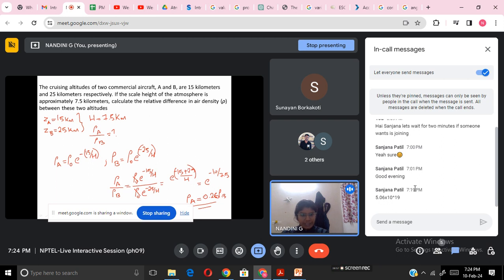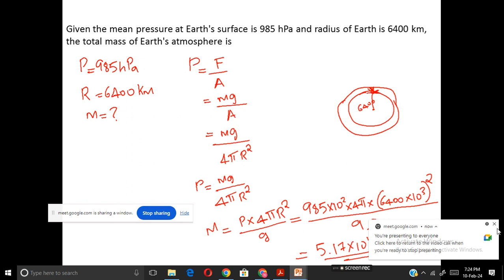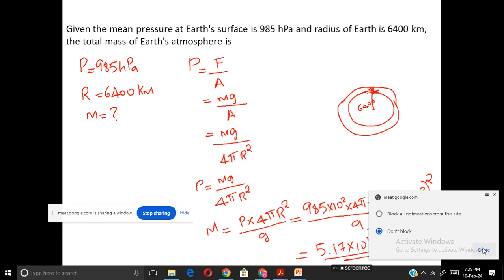And Sanjana, I just saw your answer. Can you check the power actually? How much will it be? 5.06 into 10 raised to, is it coming as 10 raised to 18, right? You got the answer?